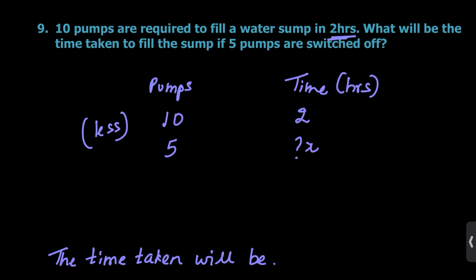From 10 they became 5. So obviously they are going to require more time now. This is again inverse. So X is what? Upon 5. 10 into 2 is 20, divided by 5 is 4. It's in hours, right? 4 hours it will take, yes.